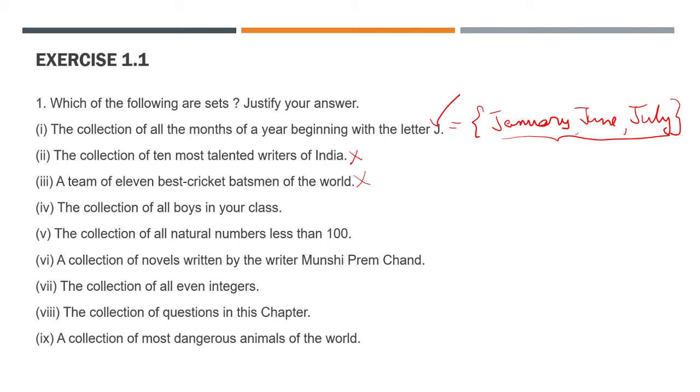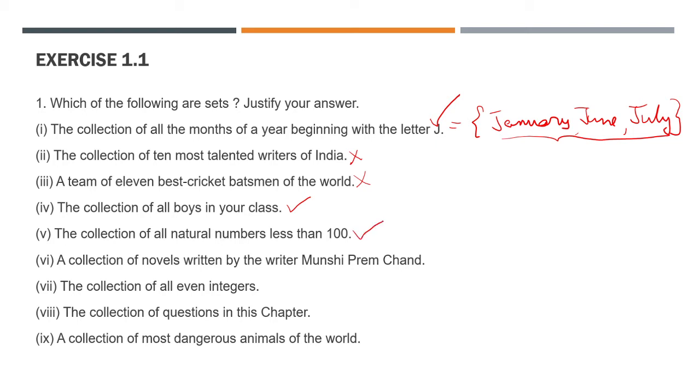Next one, collection of all boys in your class. This is a set, it is well defined. Next one, the collection of all natural numbers less than 100. All natural numbers less than 100 includes 1, 2, 3 up to 100. So, it is going to be the same whoever writes this collection. So, this is a set.